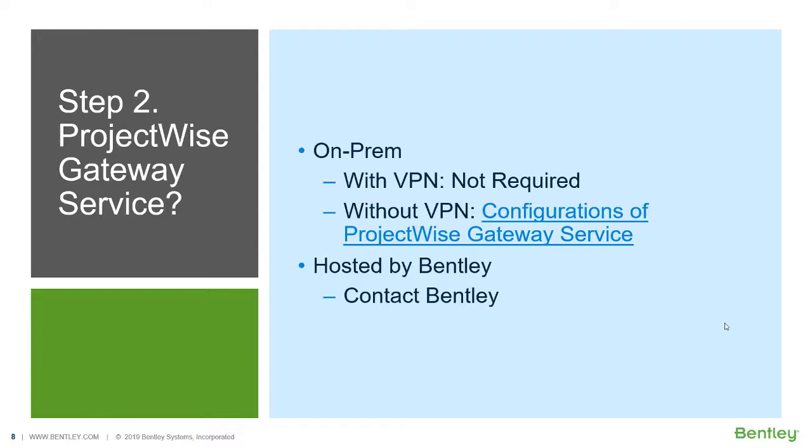So if it's on-prem, now there are two scenarios. If your organization provides the VPN, which is the virtual private network, even if you work from home, it's still equivalent to working from the office, because the VPN is a virtual private network.